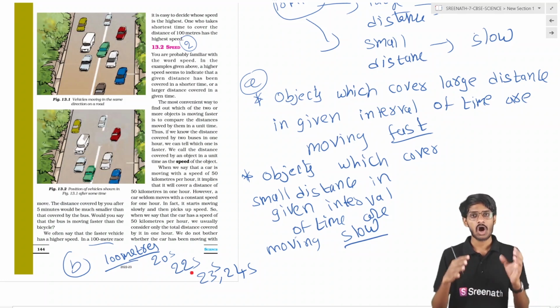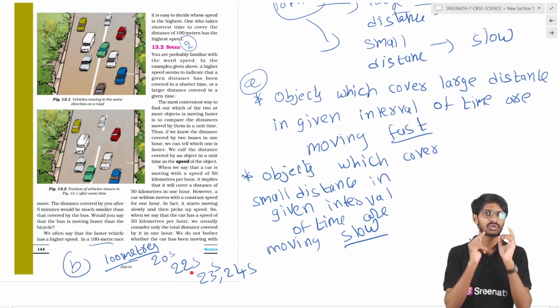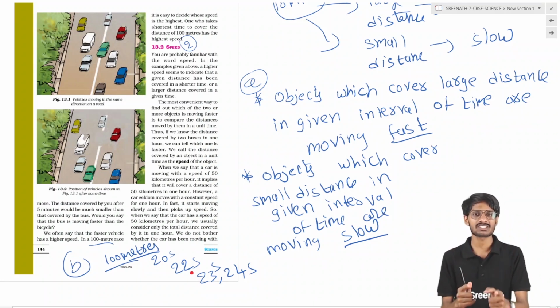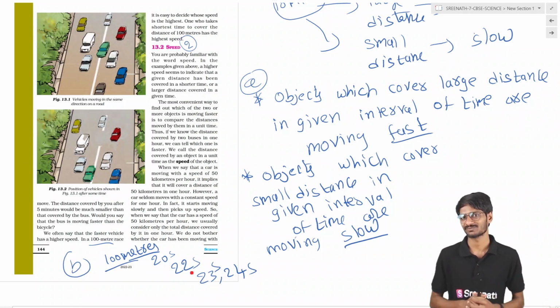In this case the distance is the same, 100 meters. So how will you decide which girl or boy is moving fast or slow?